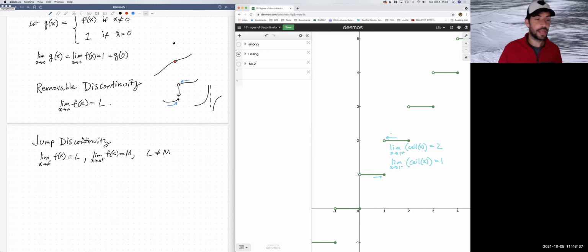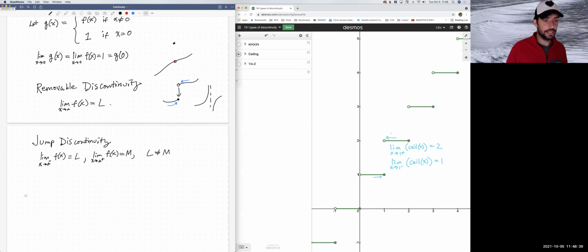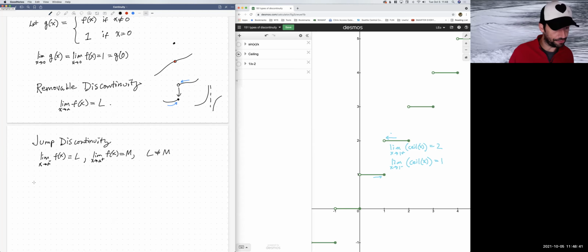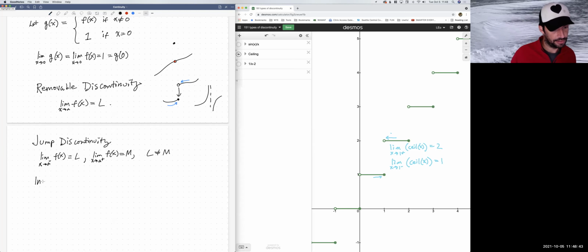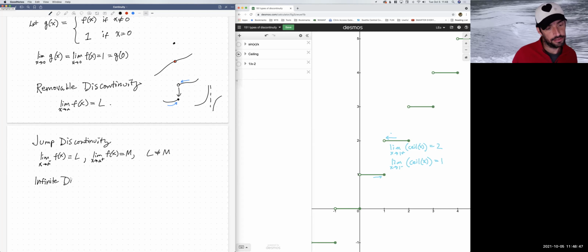And then finally, we can have an infinite discontinuity.